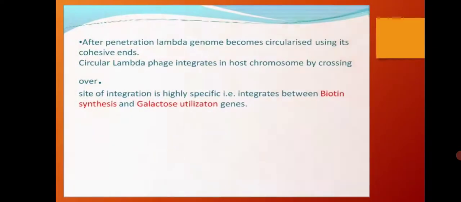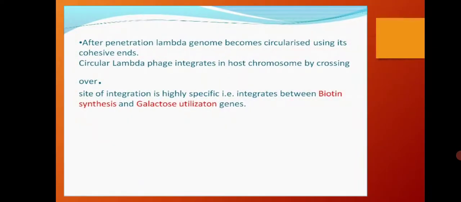This lambda genome becomes circularized by joining its cohesive ends, which are complementary to each other. The circular lambda phage integrates into the host chromosome by crossing over.